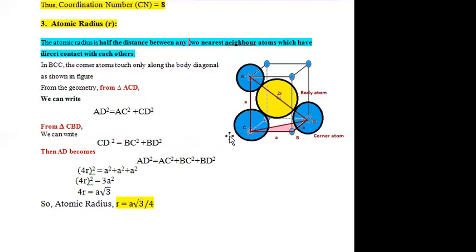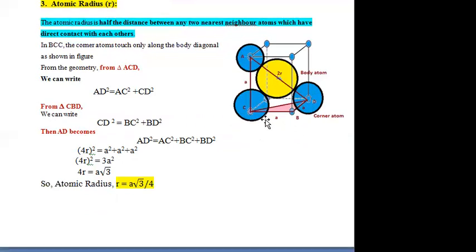To measure the value of CD, once again we consider another triangle, the triangle CBD. From CBD we get CD whole square is equal to CB whole square plus BD whole square. The CB side is a, and the BD side is also a.